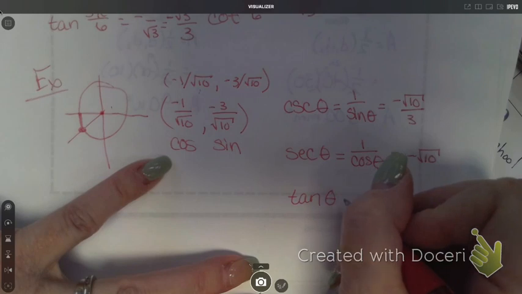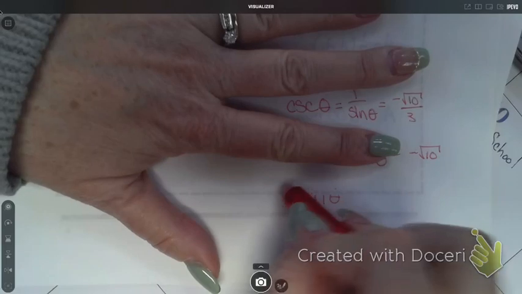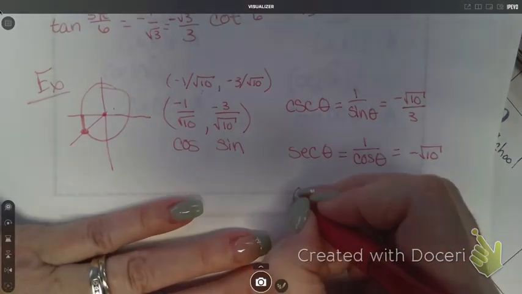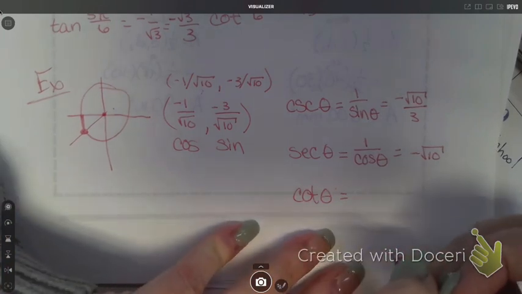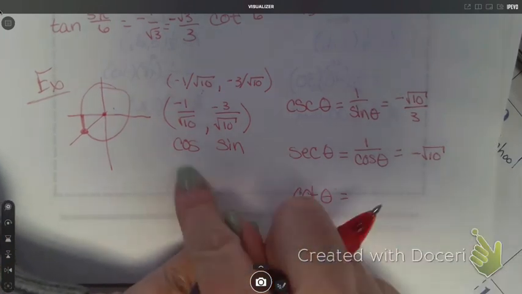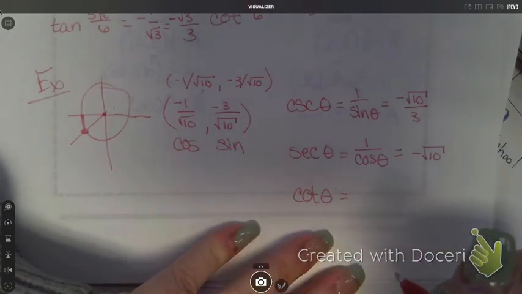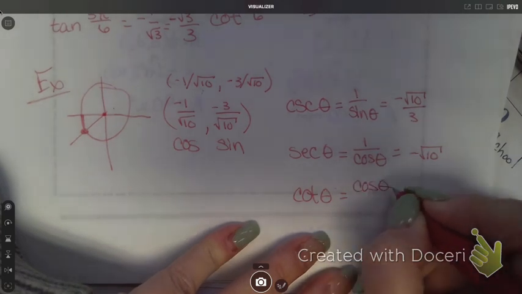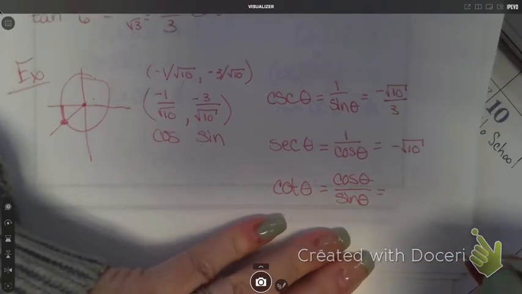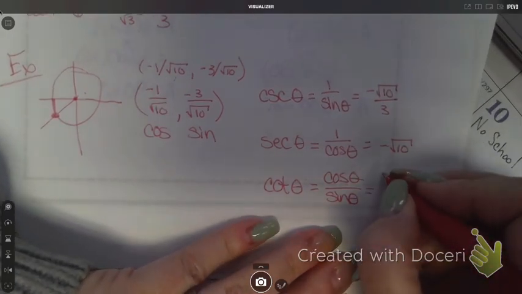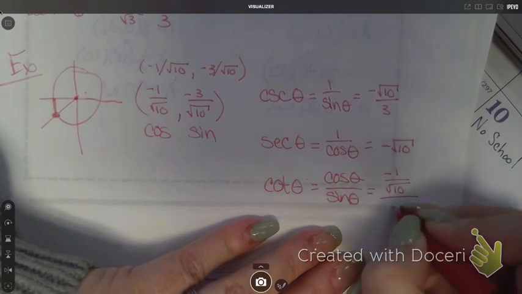I think this should be cotangent. I've done that several times. I know I read cotangent. Cotangent is what over what? 1 over tangent, but the only two functions we have are sine and cosine. What is it in terms of sine and cosine? It's cosine over sine. So what's cosine?